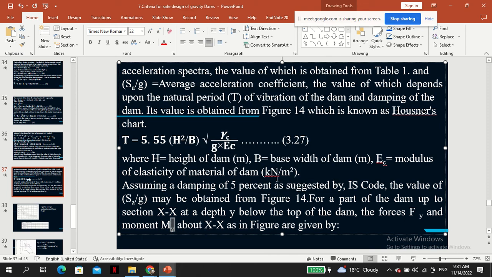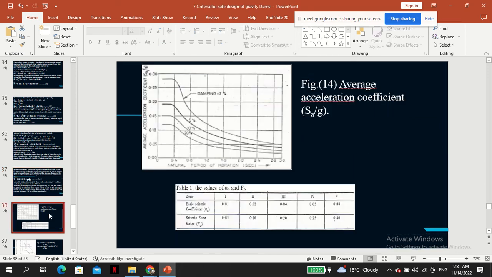So, for the Sa over g, say the natural period is 0.8, let's say, and the damping is 5%. Then you can read the value there. Now, someone would want to ask, because you can see the damping there is 20, 10, 5. If for example the damping is 15, you just do interpolation. So 15 is between 10 and 20, so you interpolate and have some value there. So that's it.